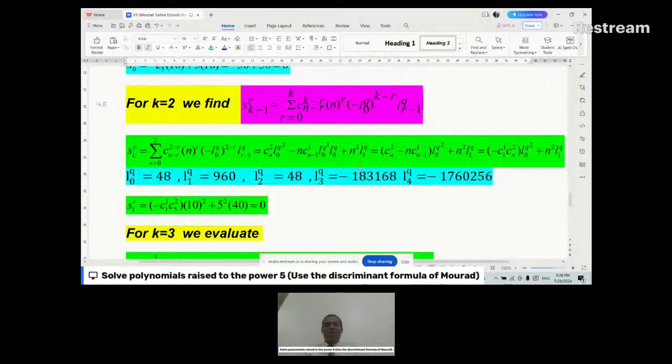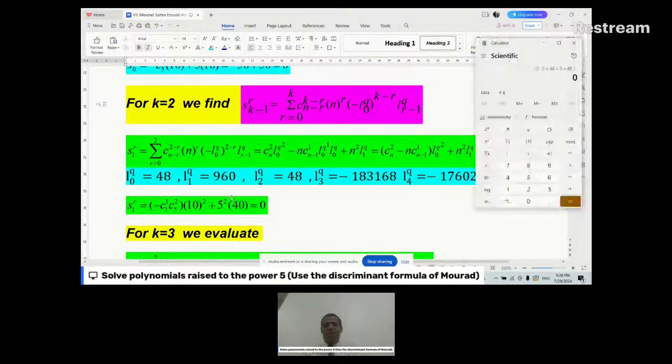So S1 is immediately equal to negative combination n choose 2 times L0 for the q squared plus n squared times L1. I will use my calculator, learners. These are my coefficients.